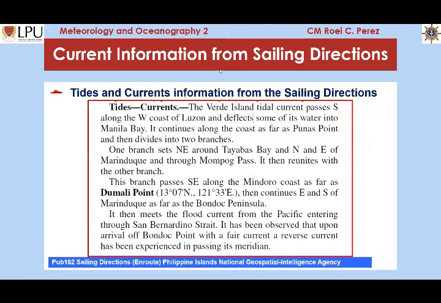You can go to the Google map and then just draw arrows indicating the Verde Island tidal current, even if you do not put a name, even if it is the arrow only. Basta yung arrow lang, yung Verde Island current lang.